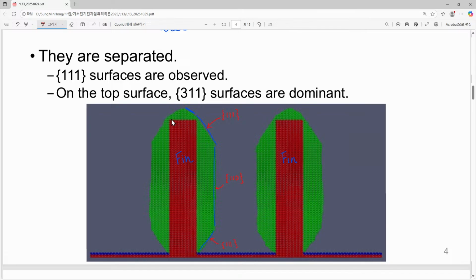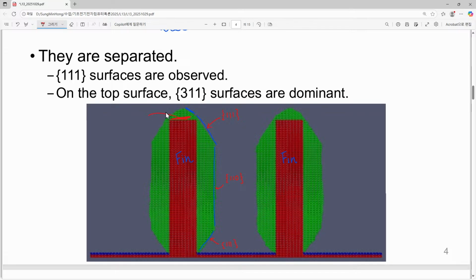This top surface is corresponding to 100, but that is now disappearing because here we have a quite slow 111 surface.